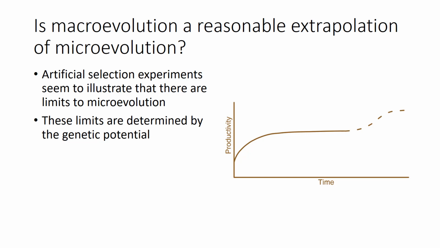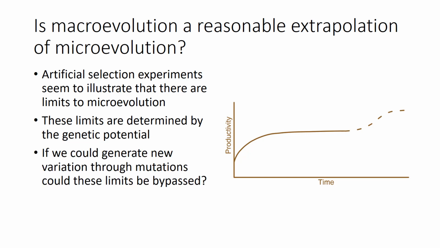Now the proposal is if you could have millions of years of time, you could generate some new mutations that could bypass these limits. And so is macroevolution a reasonable extrapolation of microevolution? Well, the data suggest it is not, but the data don't tell us that it is impossible.